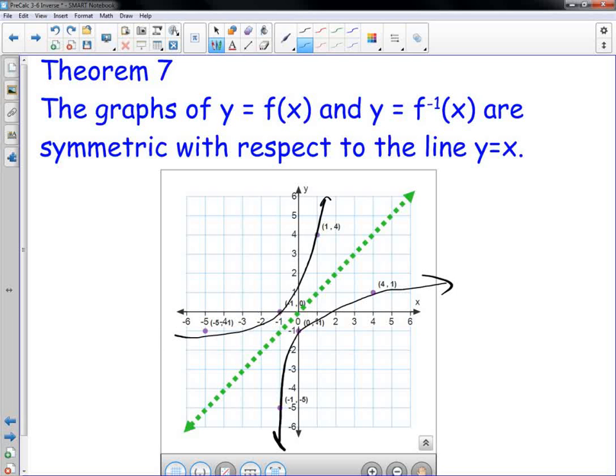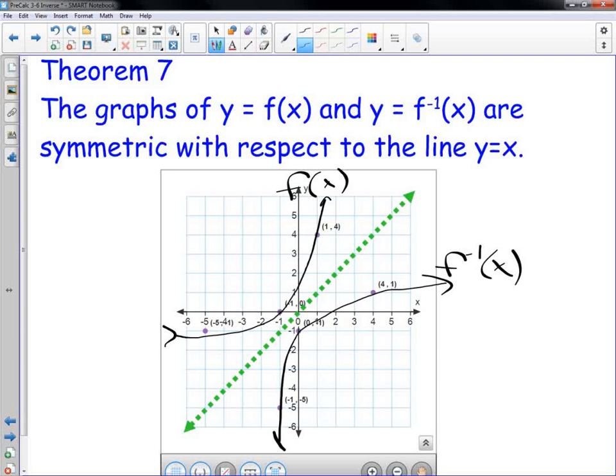All right, so here I have two functions. We'll call this f of x and this inverse of x. That green line there is what we call the y equals x line. And we notice it goes through 0, 0, goes through 1, 1, goes through 2, 2, goes through 3, 3, right? So it makes this dotted line.